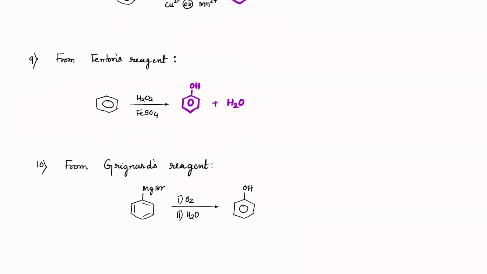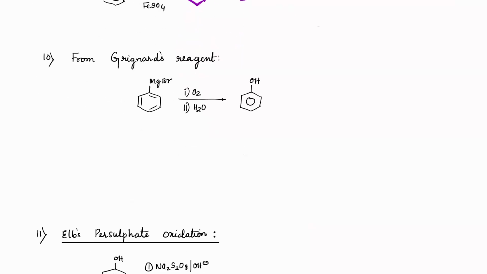That's it. Grignard's reagent, see, PhMgBr when you treat with O2. So typically this is what happens. PhMgBr plus O2, phenyl will attack on this oxygen, open up this bond.